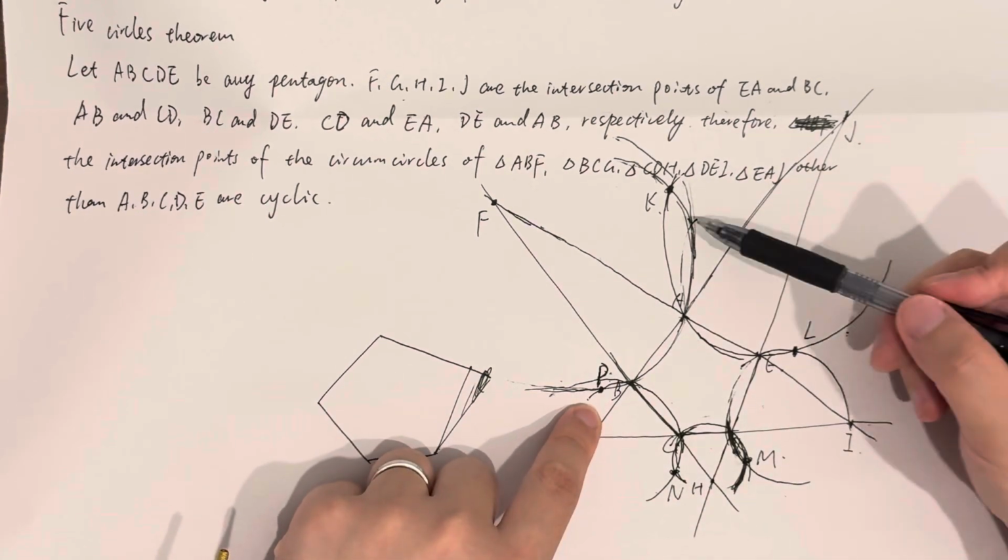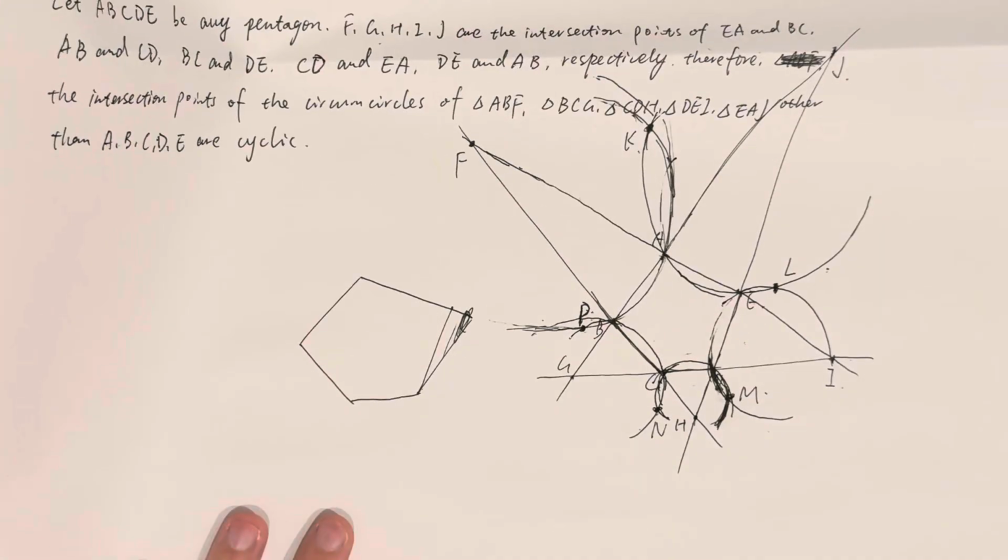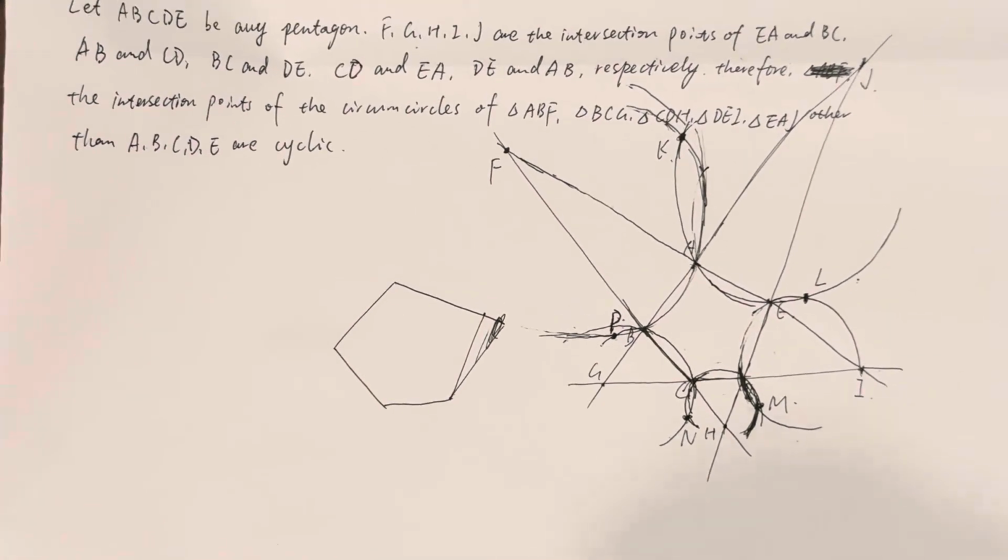Basically, we want to prove that K, L, M, N, P, these 5 points are cyclic, right?